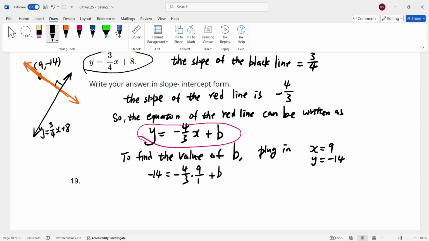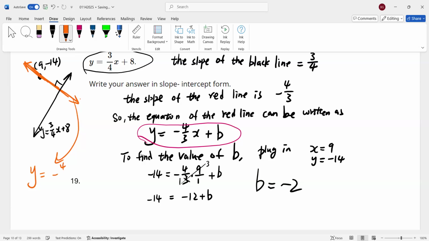You can use your calculator to handle the fraction. 9 over 3 is 3, so this becomes -12 + b. Okay, what is b? -14 = -12 + b. What's the value of b? -2. Awesome, very good. So the red line is y = -4/3x - 2.